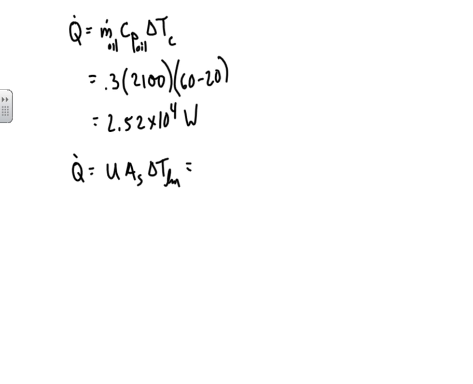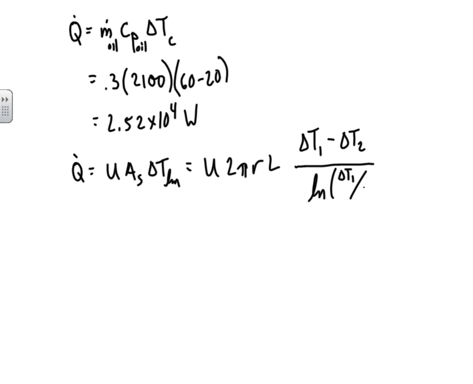So this is going to equal U times the surface area is just 2 pi times R times L. That's the surface area of the tube. And the log mean temperature difference is just delta T1 minus delta T2 divided by the natural log of delta T1 over delta T2. Okay, we can start to plug in.